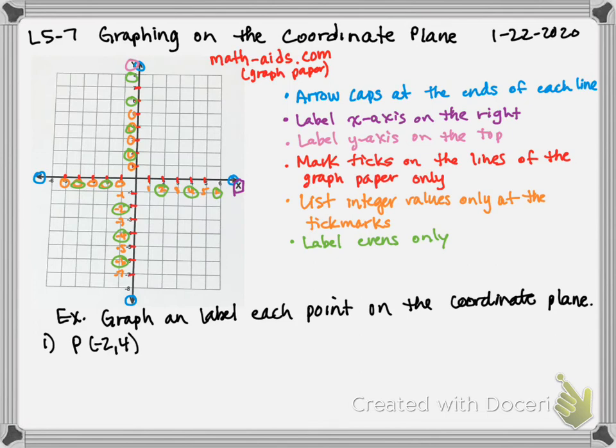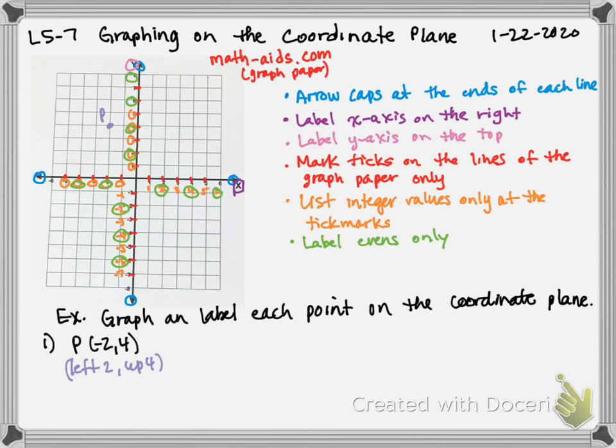So some of the things I kind of think about as I'm getting ready to graph is what are my moves going to be. And so I'm going to move left from the origin 2 and then up 4. So that's what those two numbers tell me to do. So I'm going to start at the origin. I'm going to move left 2, and then I'm going to go up 4. 1, 2, 3, 4. So I mark a point. It's kind of hard for me to mark points on this. So there's my point at (-2, 4), and then I'll label it P.